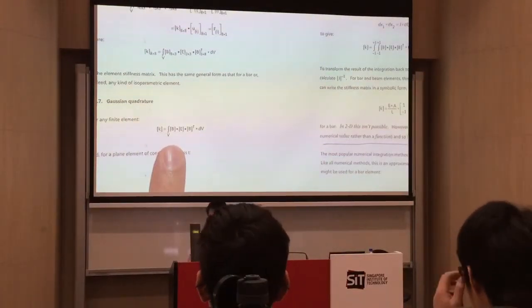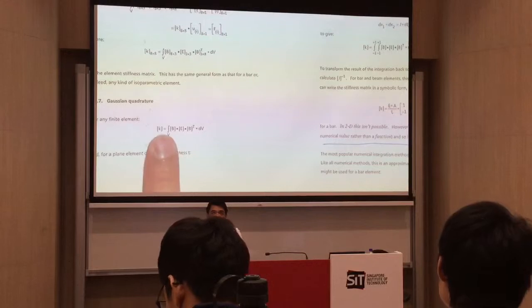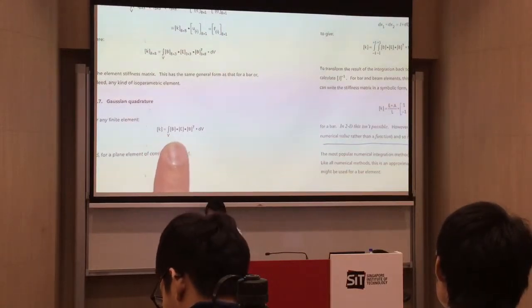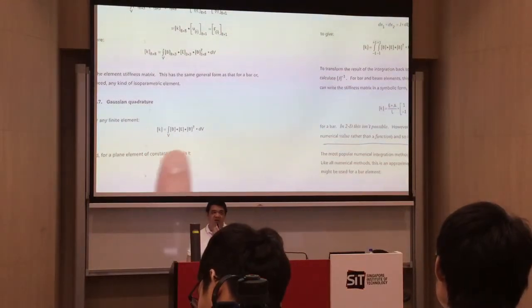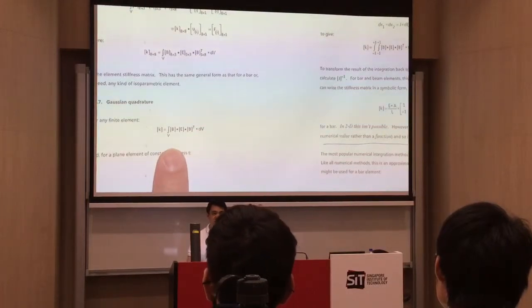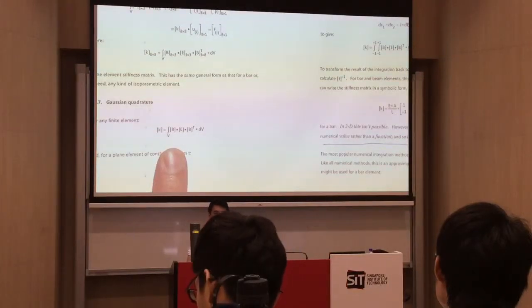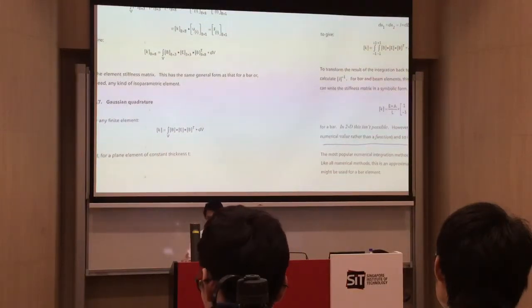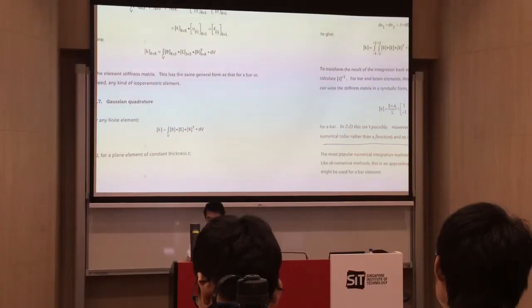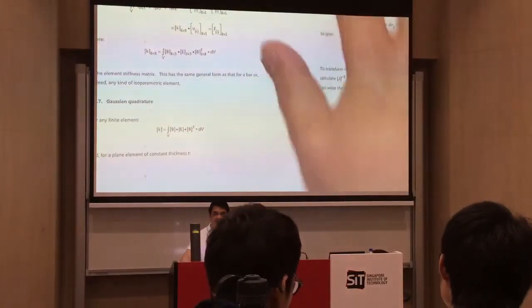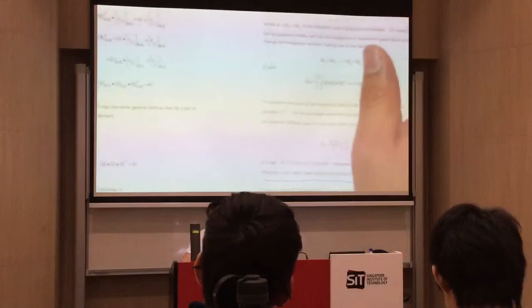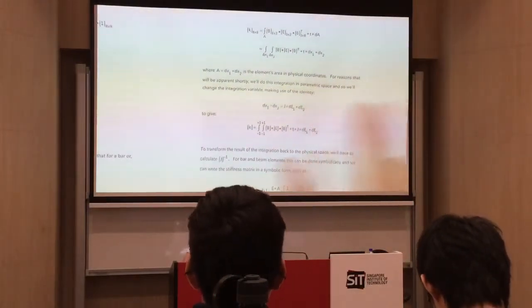So once you get this one, really, K is equal to the volume integral of B transpose E B dV. This one is very similar to a bar, because what we're looking at is that your plate will be linear, so it will be displaced in a linear manner, or the response will be linear.